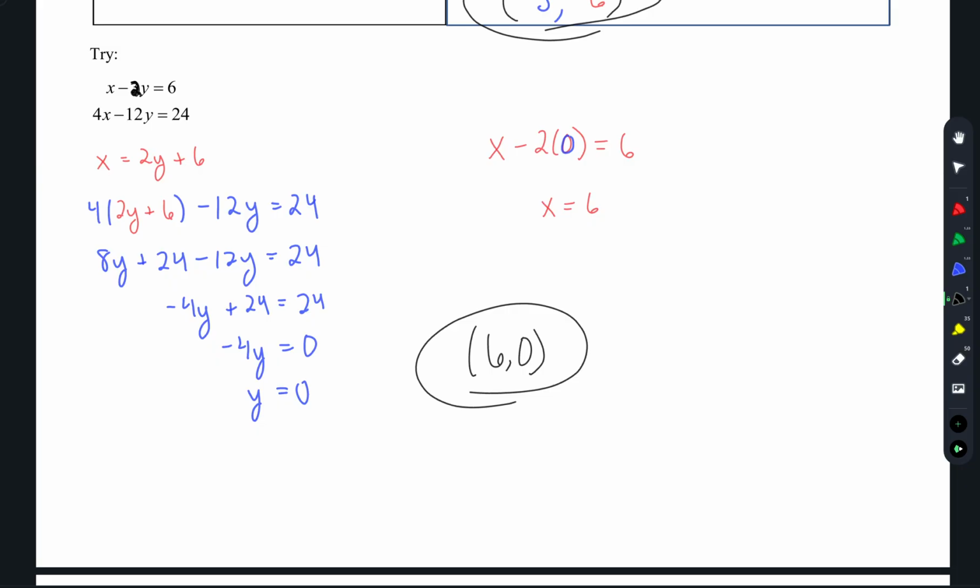So to get x alone, we put that on this side, plus 2y, right? And then you plug that in for that x. You have to rearrange one of the equations. That would work, but do you see how you have a fraction?